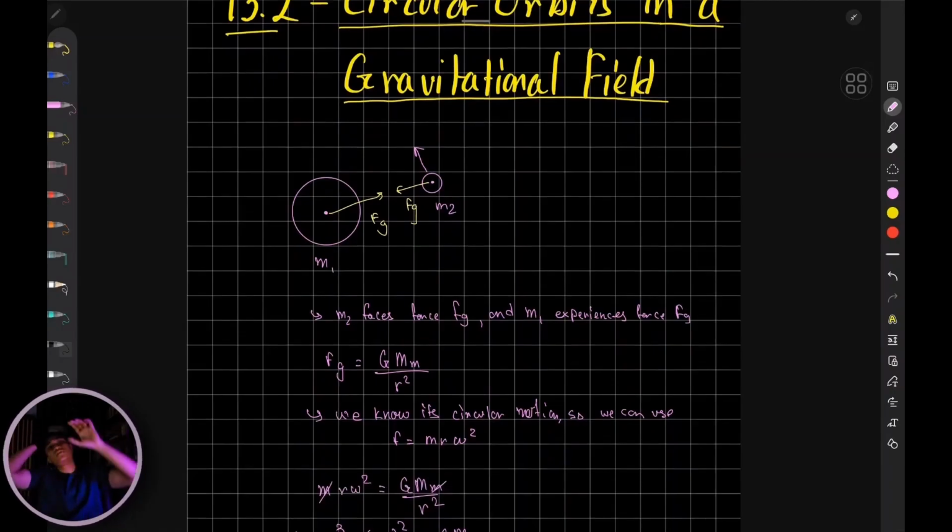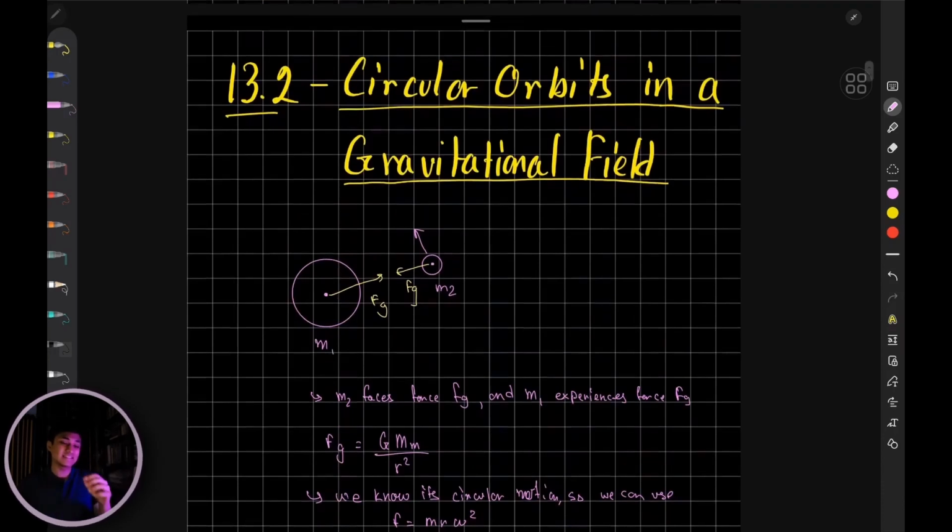In case of circular motion, if you've already studied that topic, what is necessary for an object to be in circular motion or in a circular orbit is that there needs to be a force that is perpendicular to the velocity of the object. So let's say an object at this instantaneous point is moving in this direction.